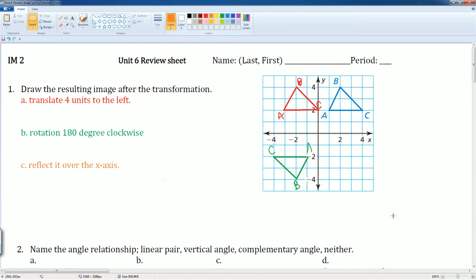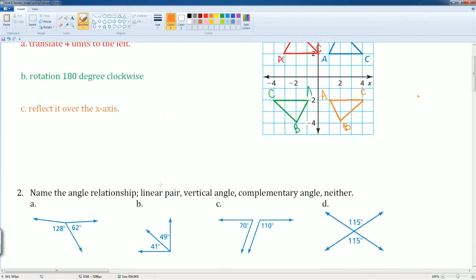All right, so let me draw that in for you. Okay, that's the top end. And the points would be A is right here, C, then B. All right, so that's how you perform the transformation for number 1.